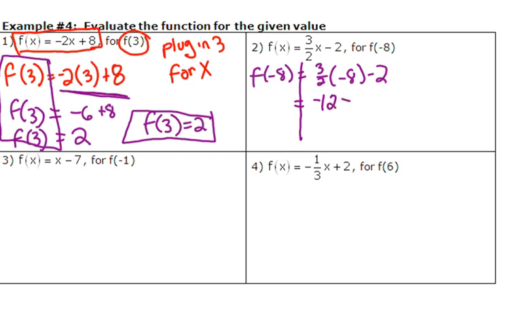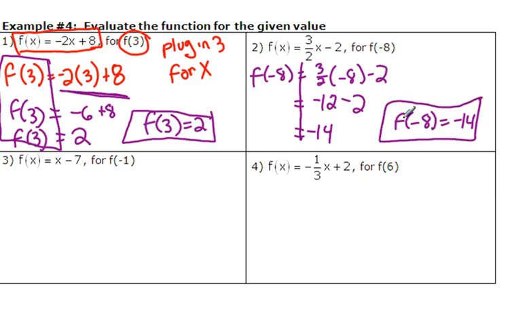And then I would take negative 12 minus 2, which is negative 14. So my answer is f of negative 8 equals negative 14. And again, function notation is just a fancy way of writing things. It's saying if I plugged in negative 8 for x, I would get negative 14 for y.